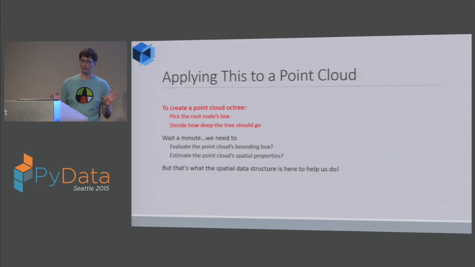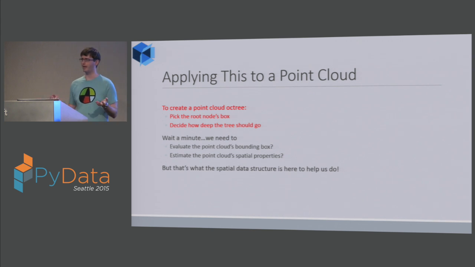But what did we have to do that? Well, first, to pick the root node, we need to know the bounding box of the points, right? That kind of sucks. We need to go through all the points and find that before we can start really doing our work. And also, how do we decide how deep it should be? That's related to the spatial properties.